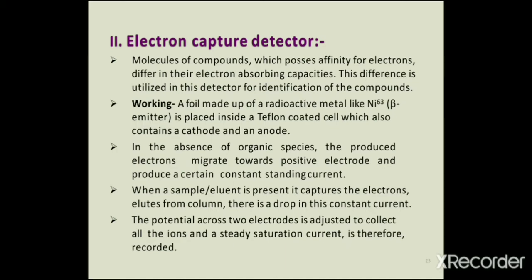When a sample is present, it will capture the electron and elute from the column. So there will be a drop in the constant current, and the potential across the two electrodes is adjusted to collect all the ions and a steady saturation current, and therefore it is recorded.